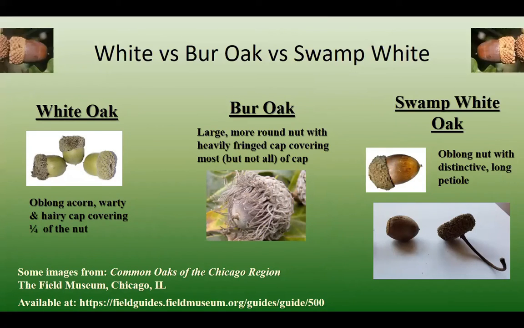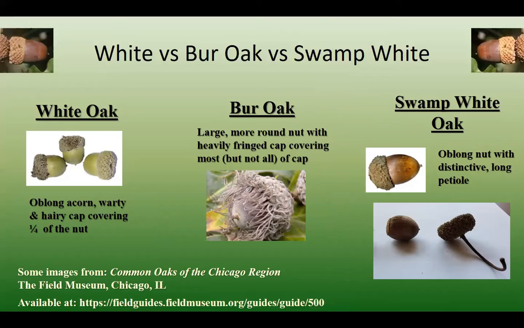These are taken out of that publication and they show the relative size of each compared to the other. You can see in the middle that Bur Oak acorn is pretty large and it has a fringe cap, but it doesn't cover the whole nut. There's another native oak, the overcup oak, that we're not going to focus on today, but it would have a cap that almost covers the entire nut.